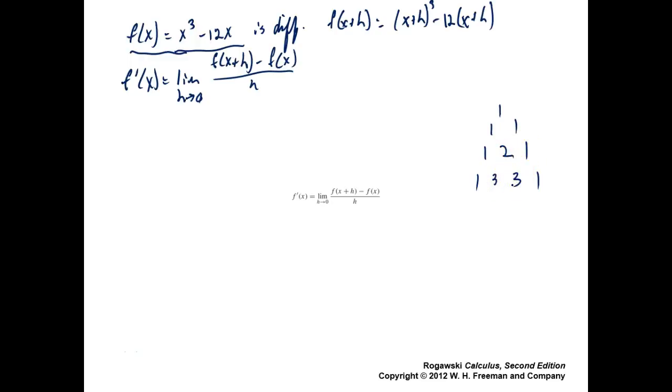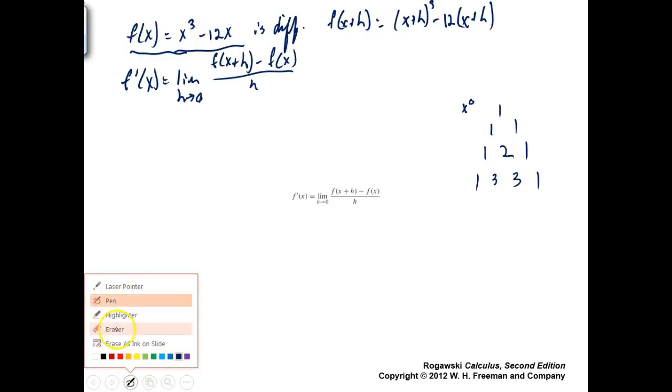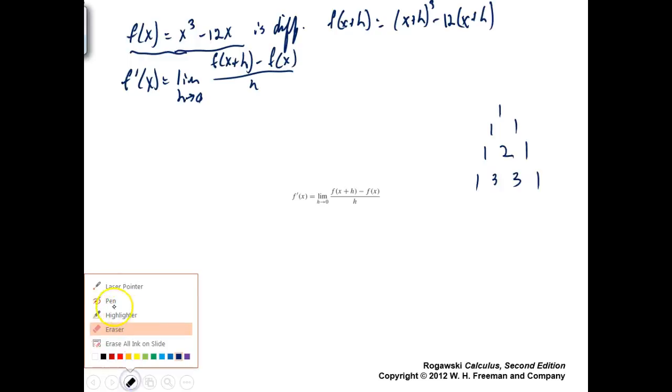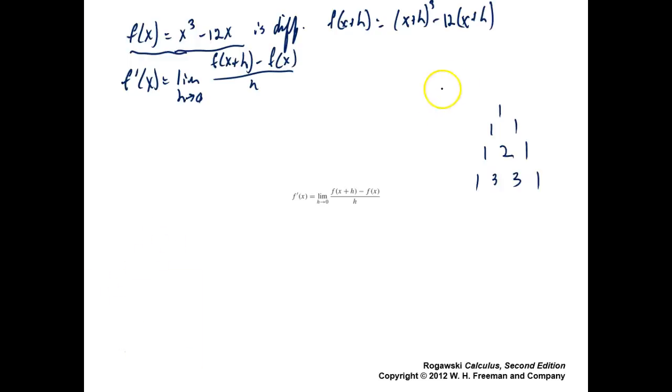You can keep going doing this all day long. Make it as big and wide as you want to. I'm stopping there because guess what? This is x to the 0th power. Or it's a binomial, so let me correct that. X plus h to the 0th power.